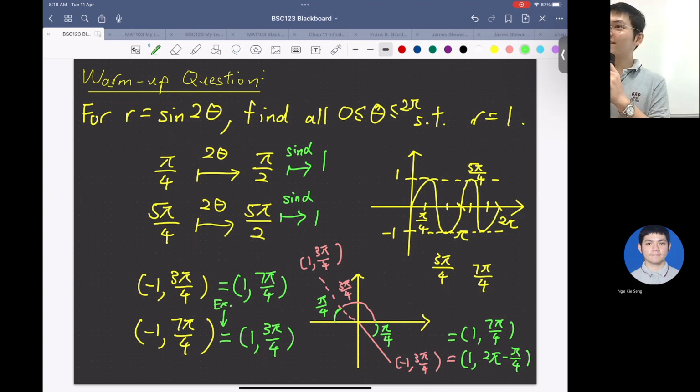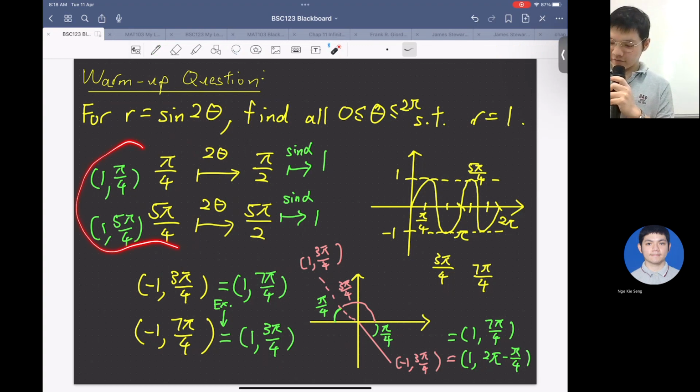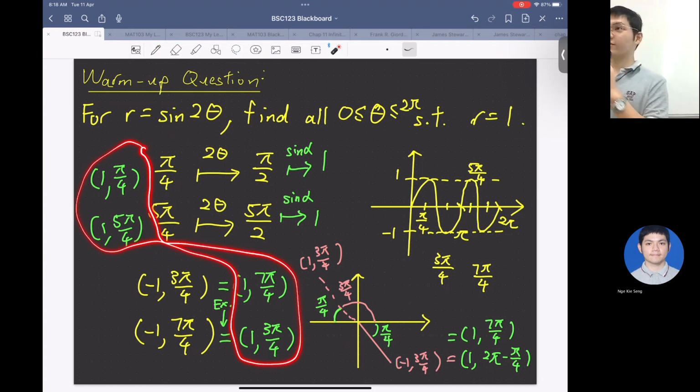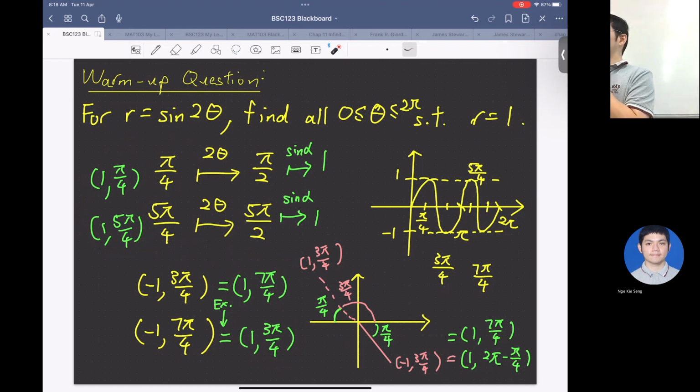So you got 4 different points here with radius 1. Why is that?